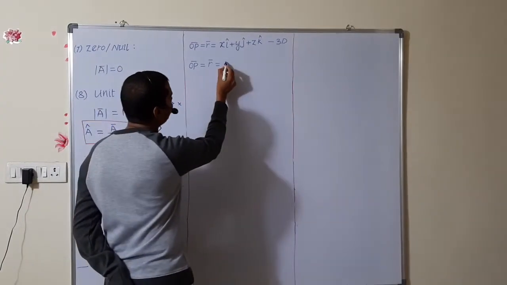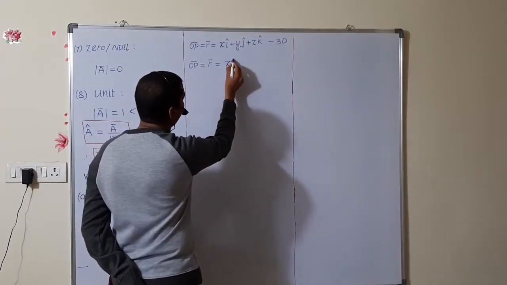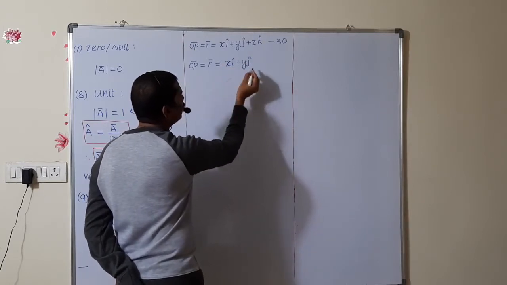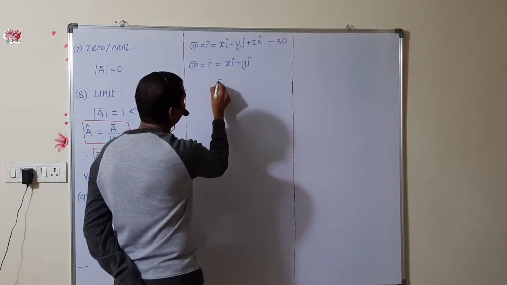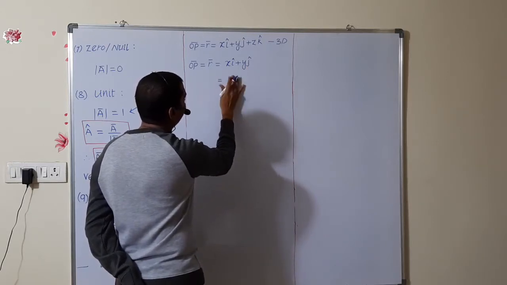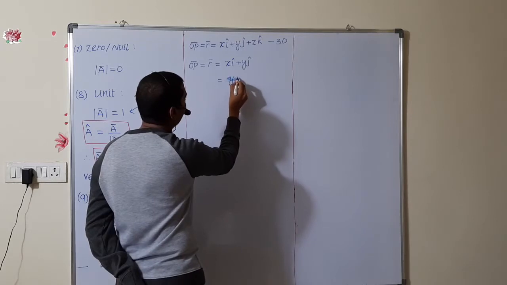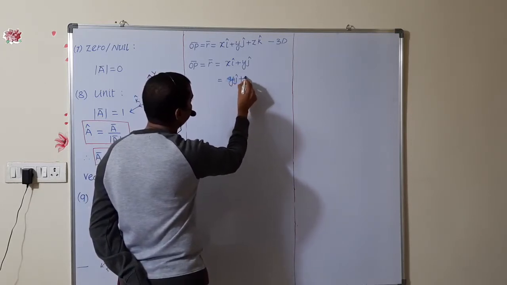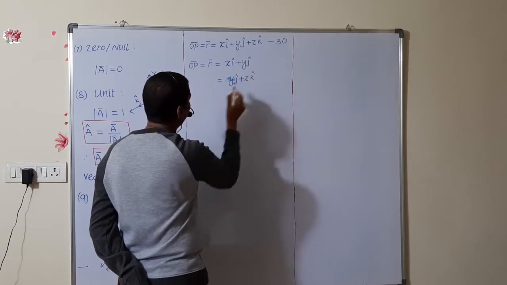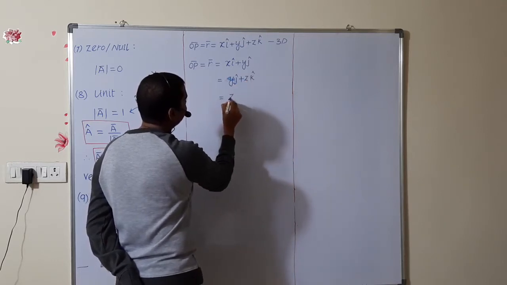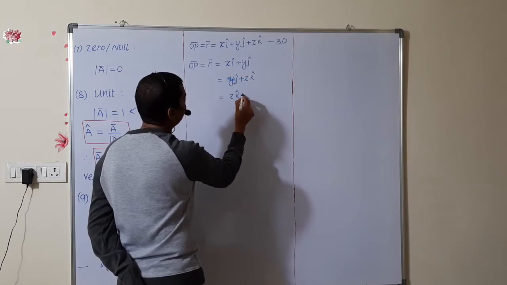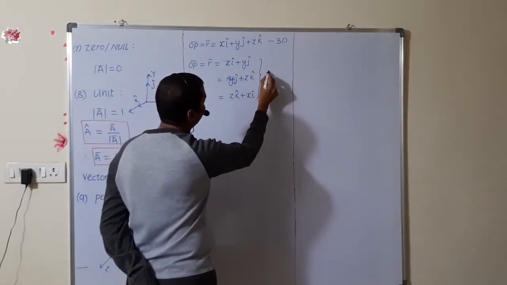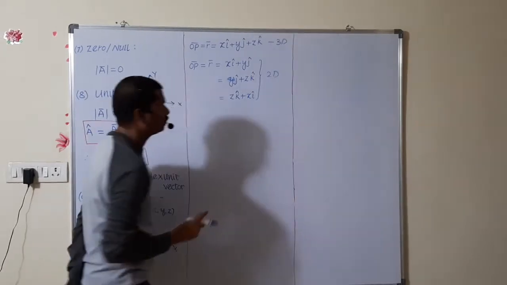Here, for two dimensions I write either x i cap plus y j cap, or y j cap plus z k cap, or z k cap plus x i cap. These are all called two-dimensional vectors.